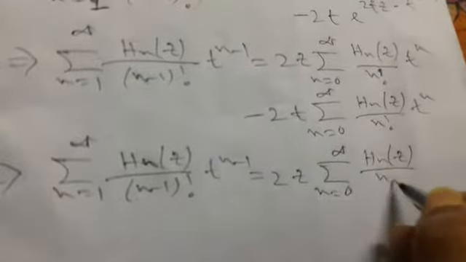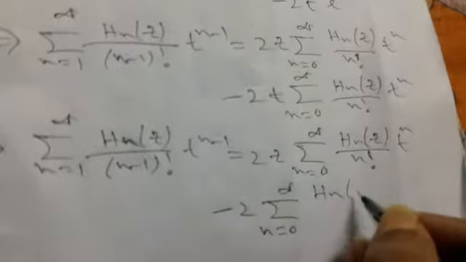And it is clear, sum of n equals 1 to infinity Hn(z) by n minus 1 factorial t to the power n minus 1 is 2z sum of 0 to infinity Hn(z) by n factorial t to the power n, minus 2 sum of n equals 0 to infinity Hn(z) by n factorial t to the power n plus 1.